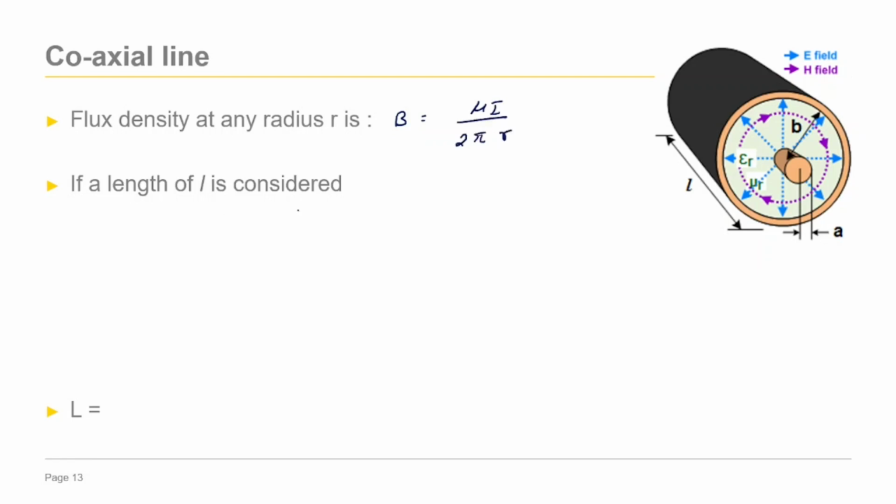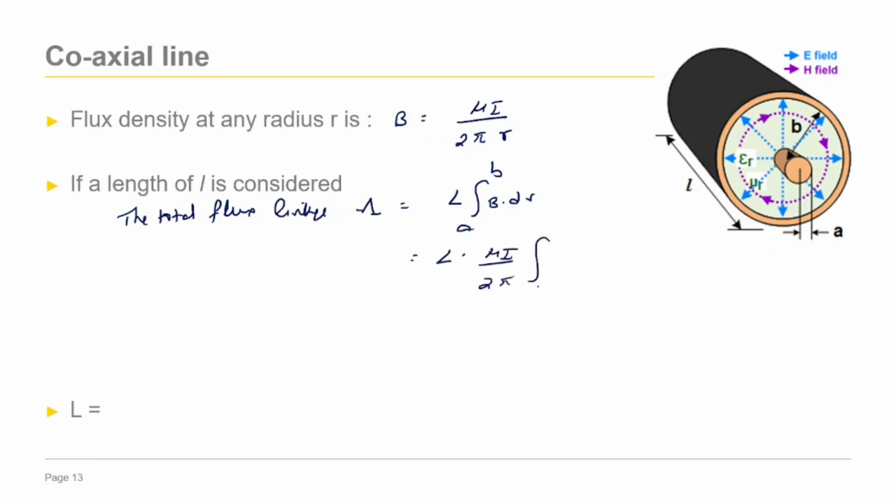Now, if a length of L is considered, the total flux linkage lambda is going to be L times integral a to b B dr, or L times mu I by 2 pi integral a to b 1 by r dr, which again is going to be mu L I by 2 pi natural log of b by a.